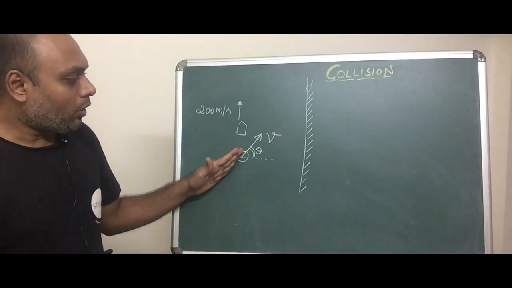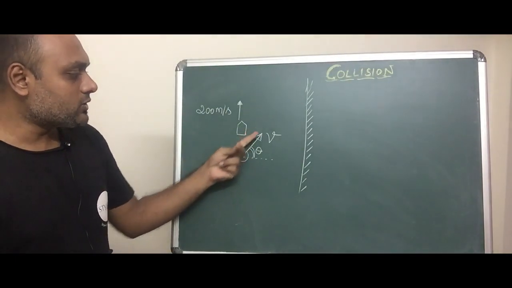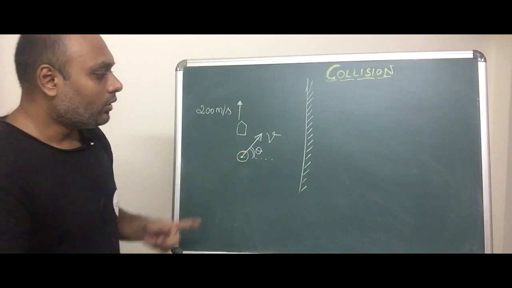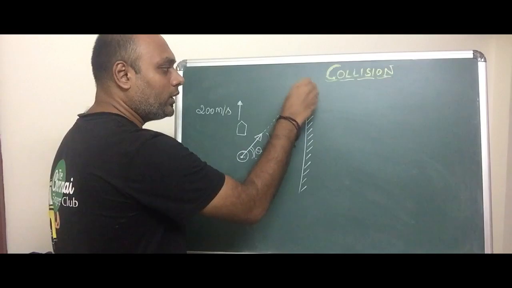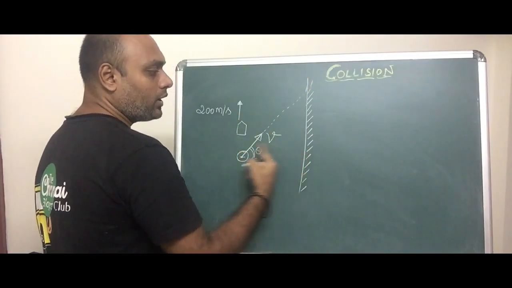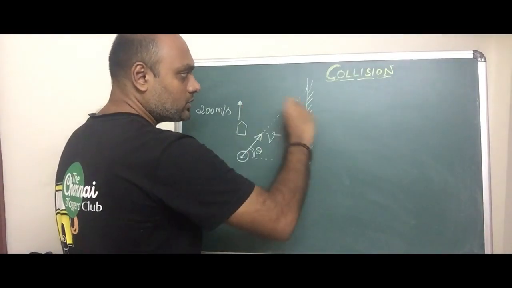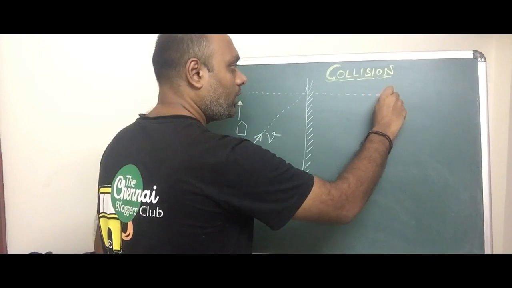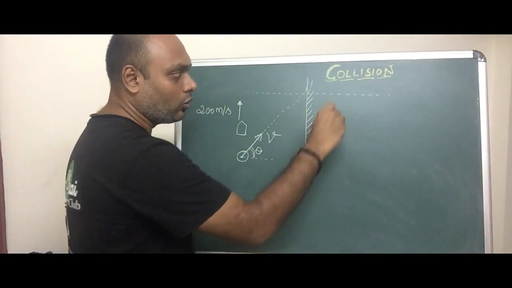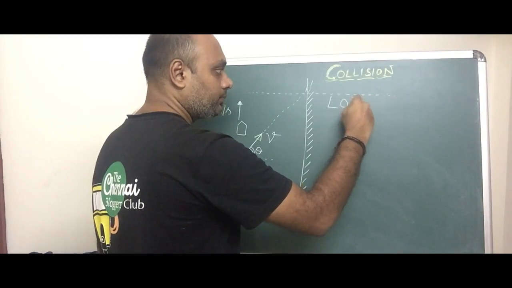Now when the ball is moving in this direction with velocity v, we can resolve the velocity of this particular ball. Now after some time, say this is going to go and collide. Now when collision takes place between this ball and this vertical wall, this line over here is the line of impact. This line of impact, I will denote it with LOI. Now LOI stands for line of impact.